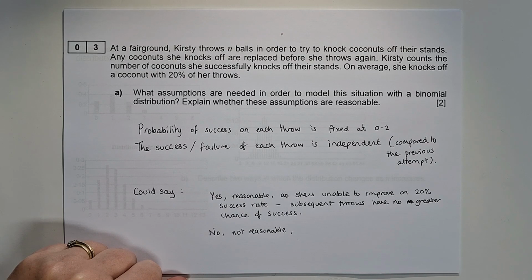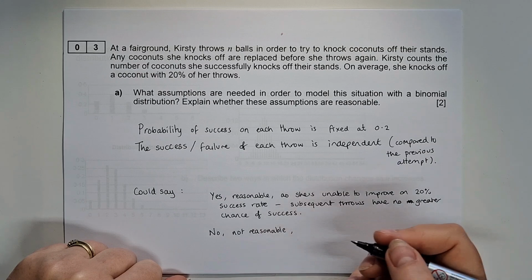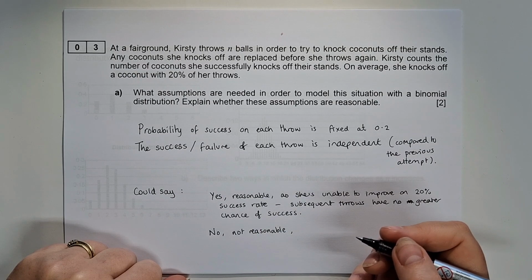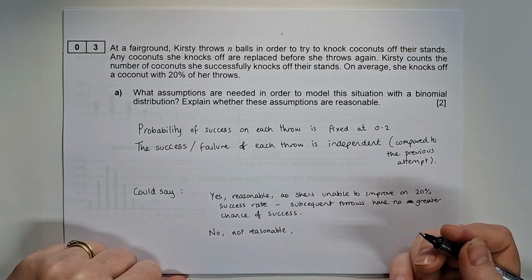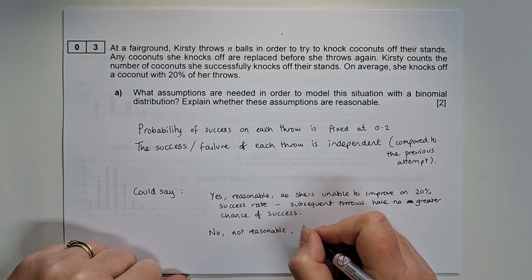You could even argue that she might get tired and get bored of it, so her accuracy decreases. So there's lots of things you can say that will get this mark. You just have to think of a reasonable reason why the thing you've written would make sense. So I might say, no, it's not reasonable.